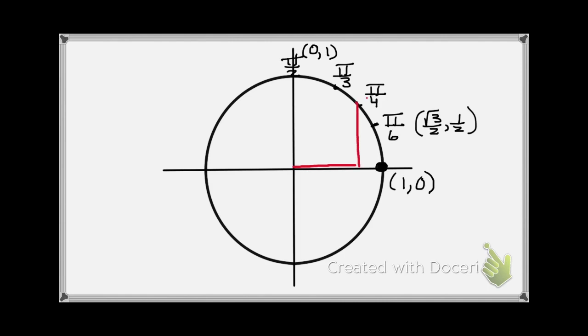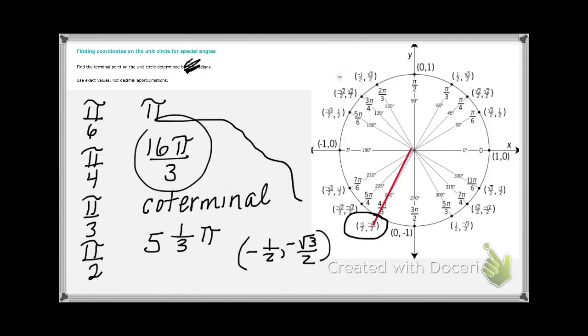And we could use some geometry, and if you recall, there's something called special triangles from geometry, and we would be able to figure out that that coordinate there is exactly radical 2 over 2 for the x coordinate and radical 2 over 2 for the y coordinate. So this unit circle can make sense, and we could build this on our own. But for our purposes, if you're given the unit circle, we want to be able to use it to answer some questions.